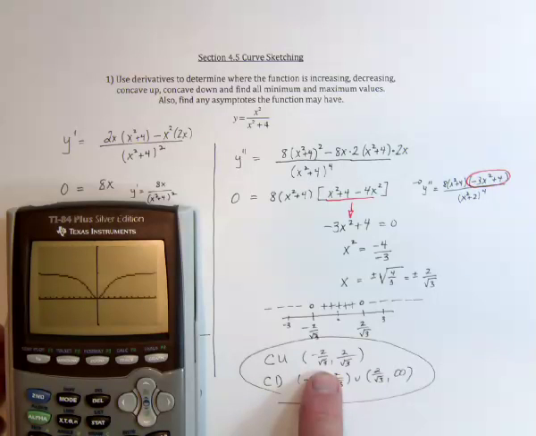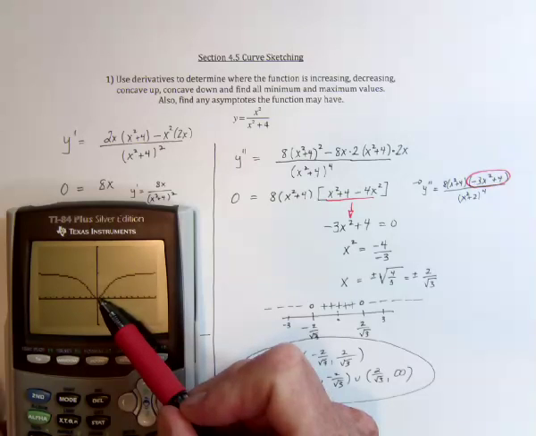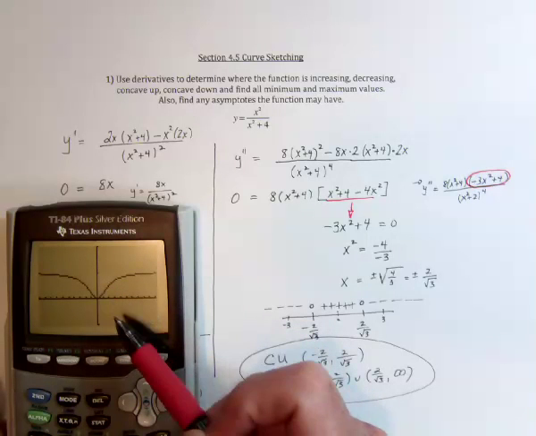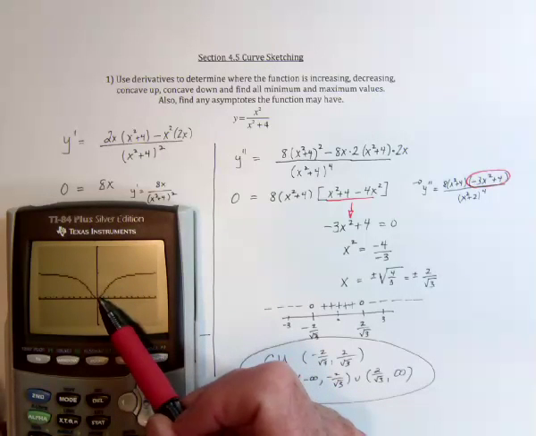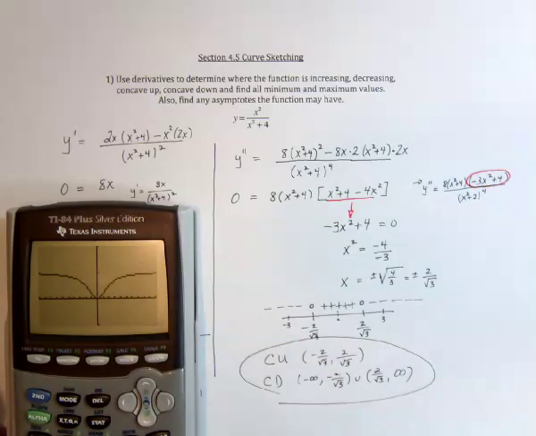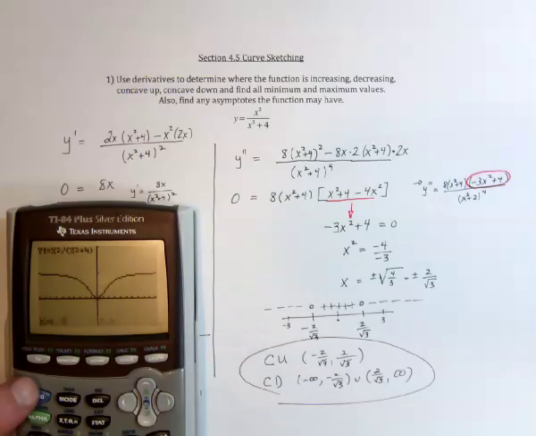And then check these points. Just by taking a look at this, it looks like it changes right about there to me. This is concave down, and this, I guess, is concave up. Let me see. x equals 2 divided by the square root of 3.